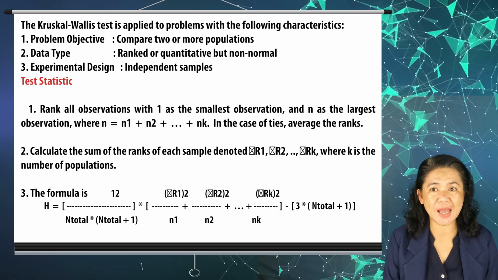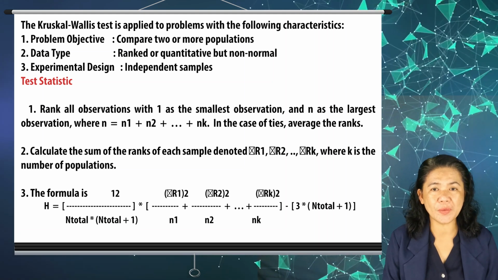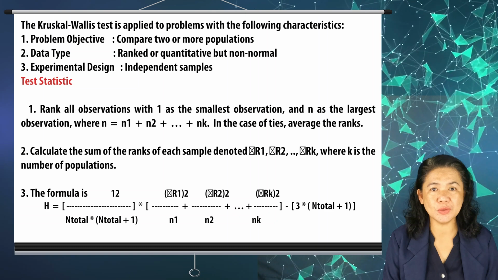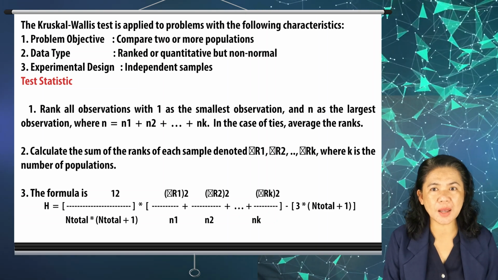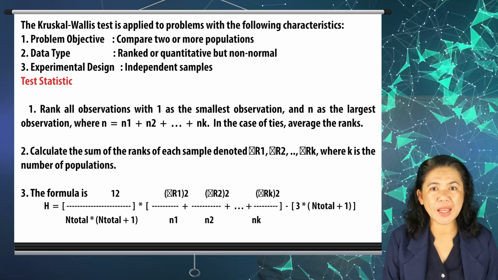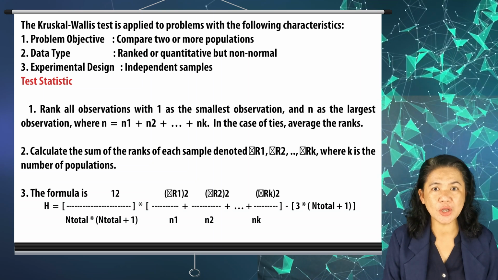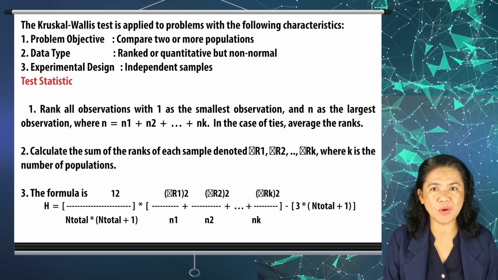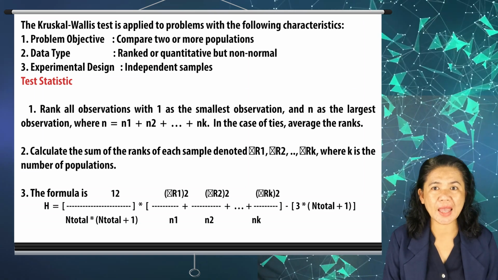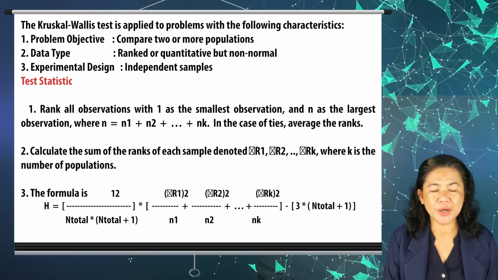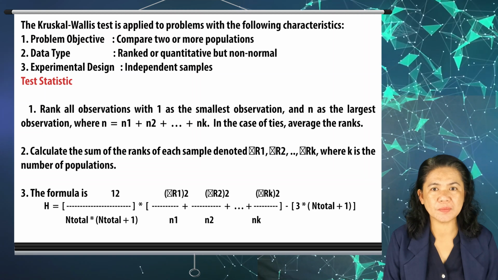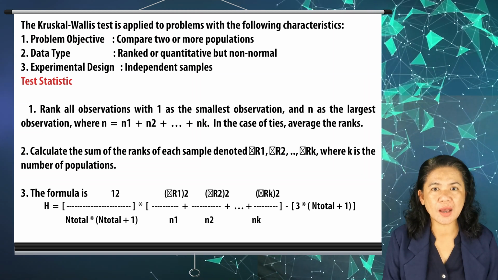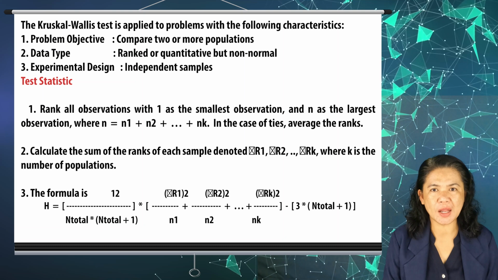In the case of ties, average the ranks. 2. Calculate the sum of the ranks for each sample, denoted SR1, SR2, and so on, where K is the number of populations. Look at the formula.